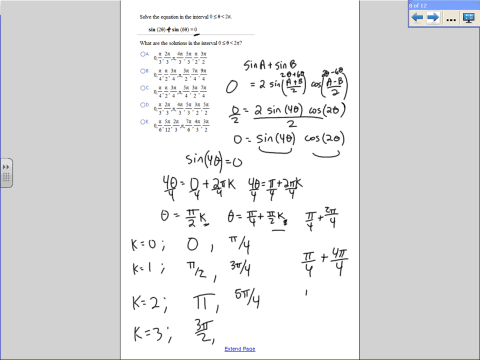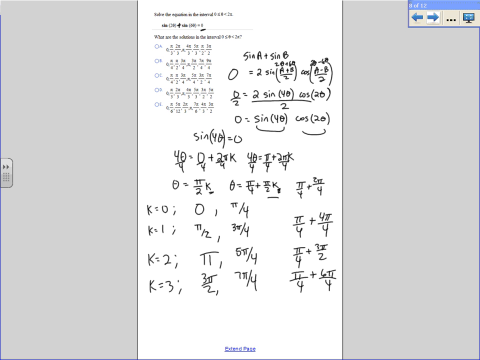That would give me pi over 4 plus pi over 2 times 3, which would be 3 pi over 2. If I get a common denominator, that would be 6 pi over 4. And so pi over 4 and 6 pi over 4 would be 7 pi over 4.